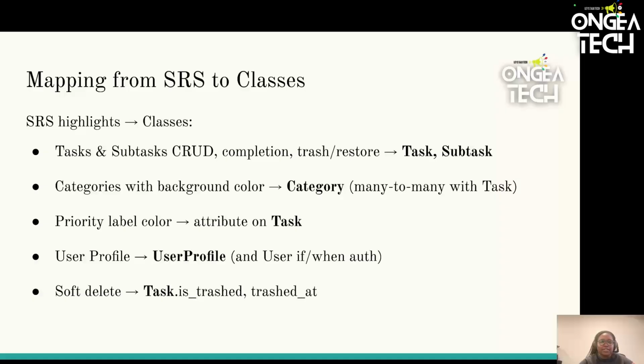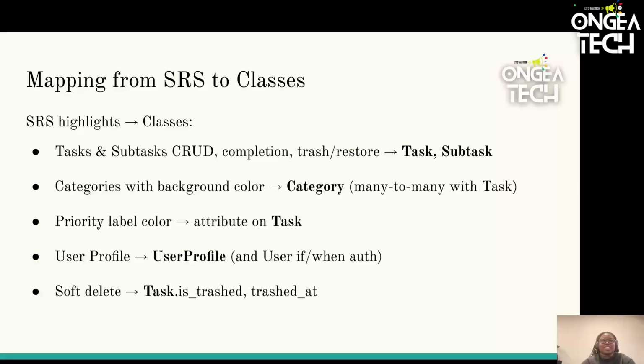So for category, we'll have a category class, and the relationship between that and the task would be a many-to-many relationship. Anyone care to explain why we would have a many-to-many relationship with tasks? Like what that means?